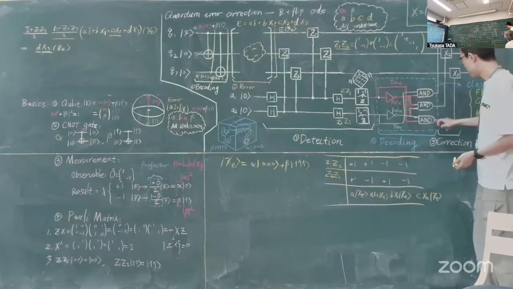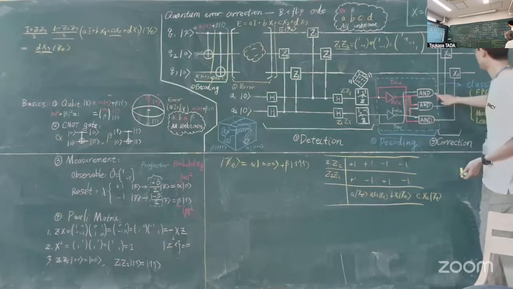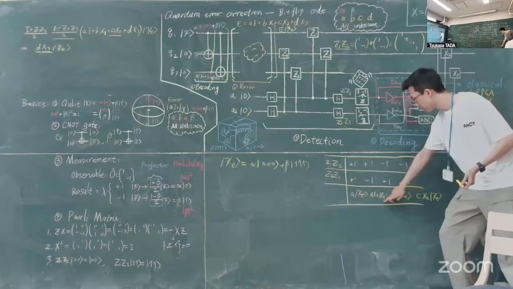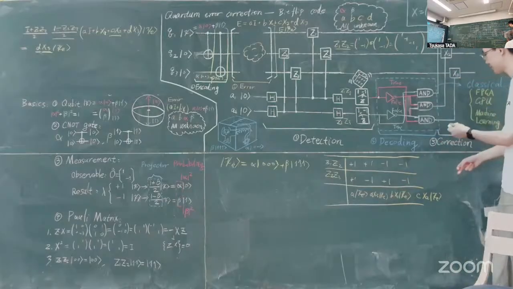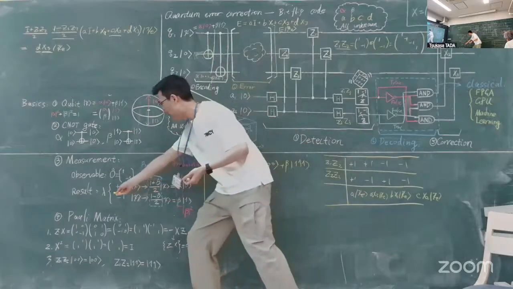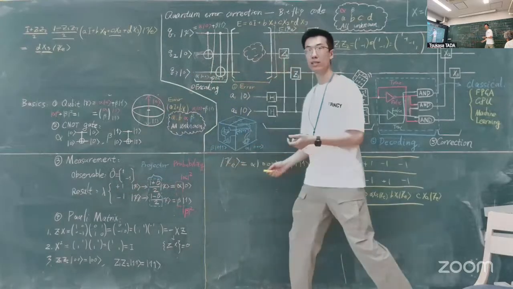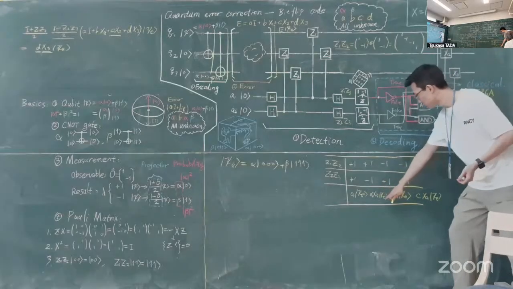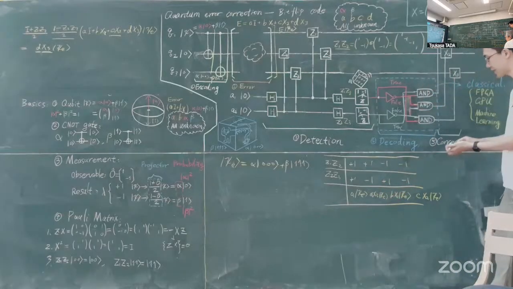Okay, so after this correction, we apply this x1, x2, x3 to this incorrect state, such that because we have x squared is identity, we just apply x3 twice to make this state unchanged.